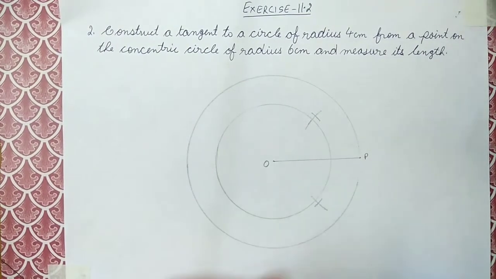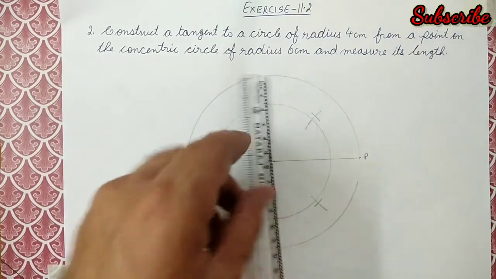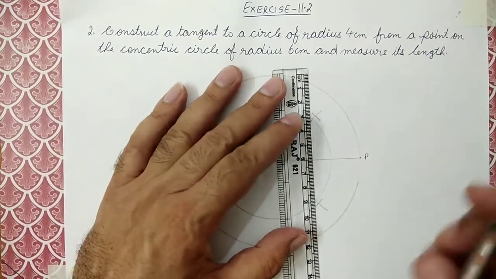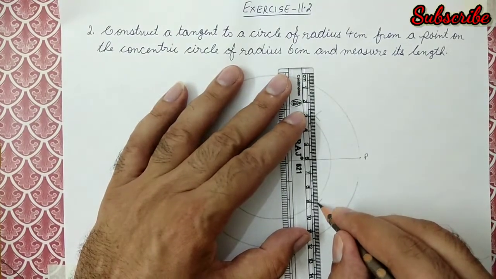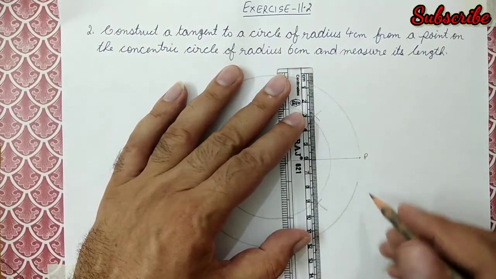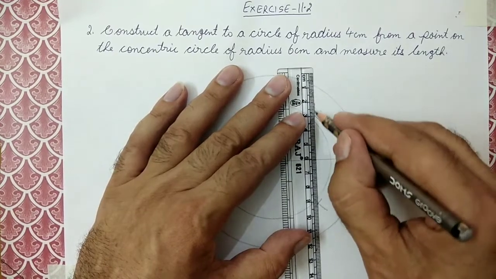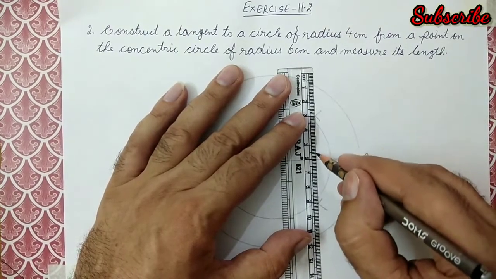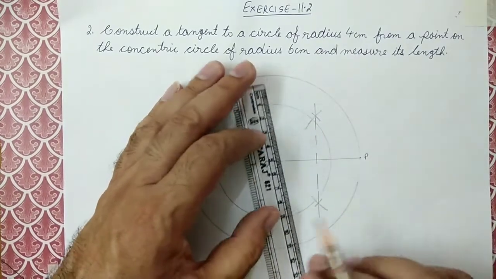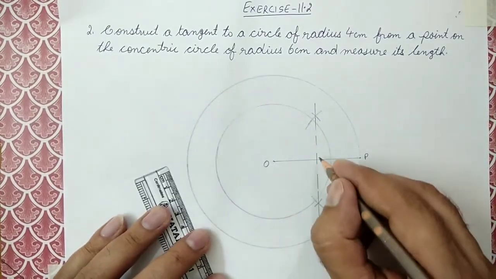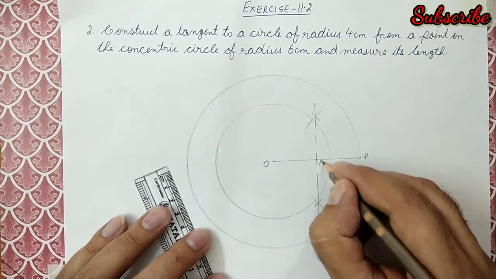Now we join these 2 points first. So we join them. So when you're making the perpendicular bisector, make sure it is intersecting. You have to mark this point also, intersecting point. We just mark this point as A.